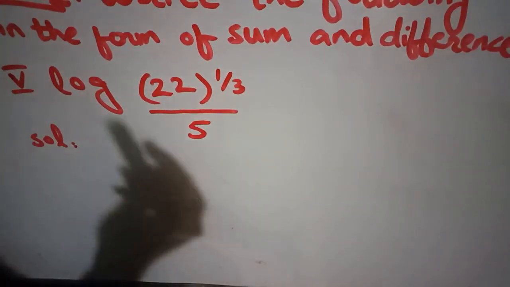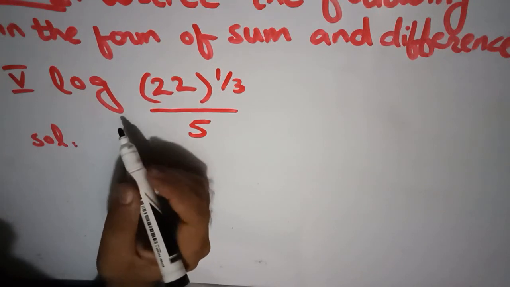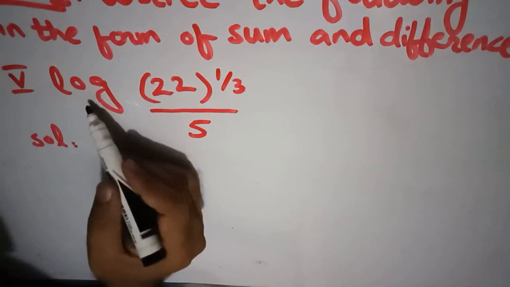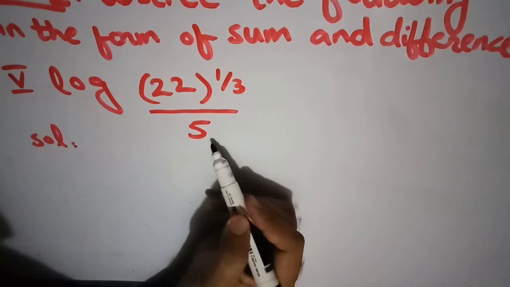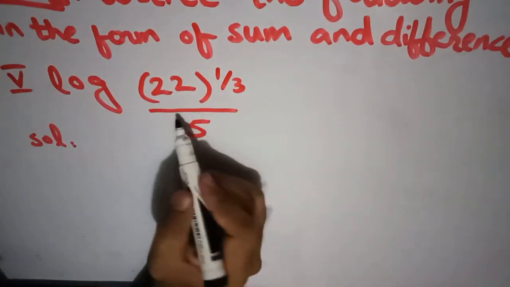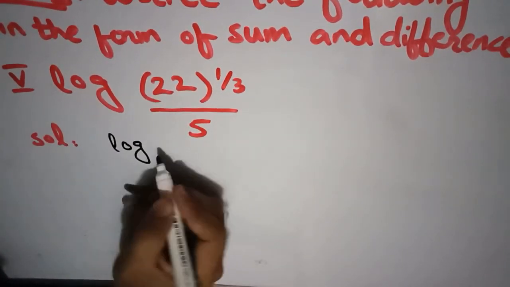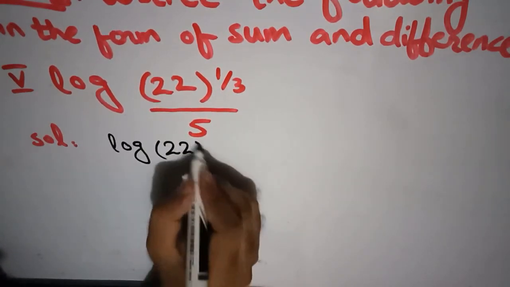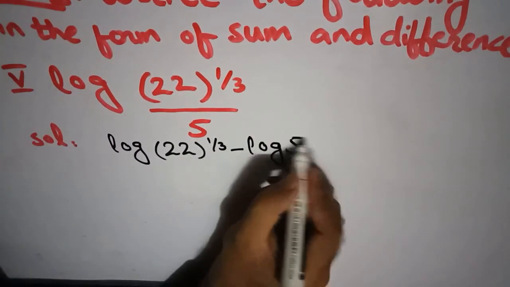In the fifth part of this question, you will use the property of the log, similarly to how you used it in your previous question. There is written log 22's power 1 by 3 over 5. So you will change the sign of the division into the difference form. You can write log 22's power 1 by 3 minus log 5.